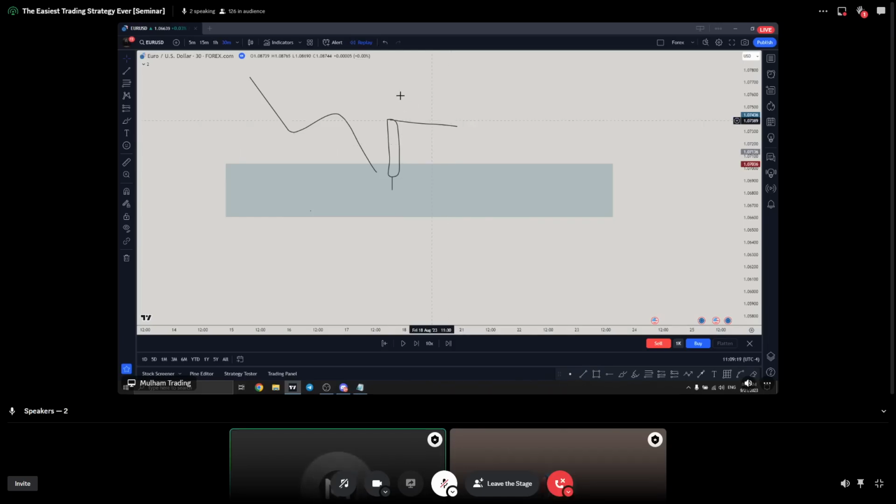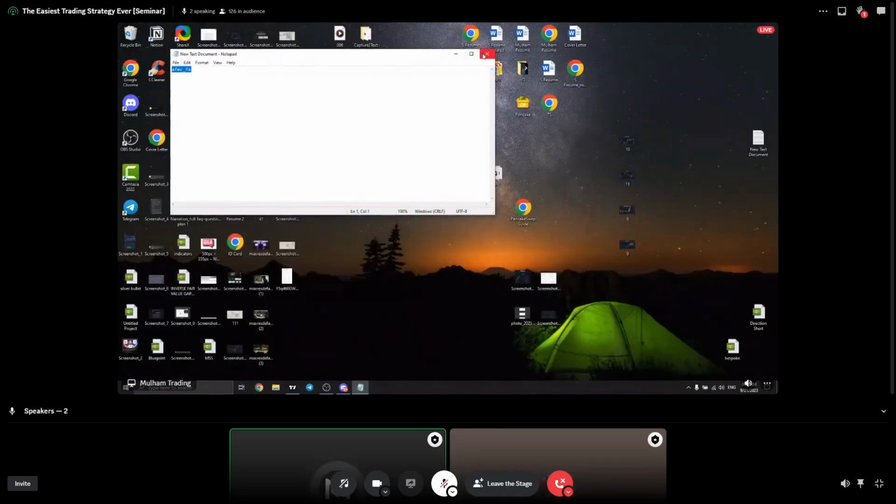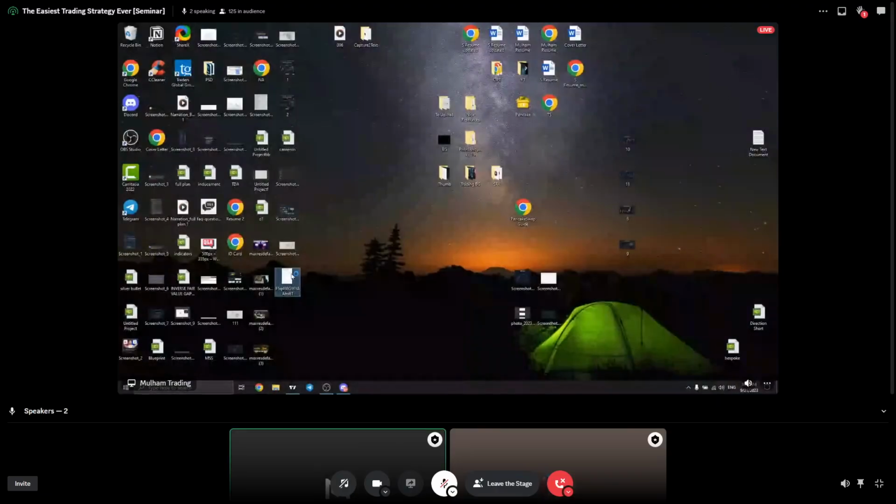Even just by doing this, when you have a rejection from this zone and a candle that closed out of the zone, you enter here, you have a stop loss at a specific level, which we're going to discuss, and then you target a specific level. What is the win rate of this, based on the guy that invented this? And that was forward testing, not even backtesting. So if I go here, I'll show you something very quick, those are the results that he was getting.